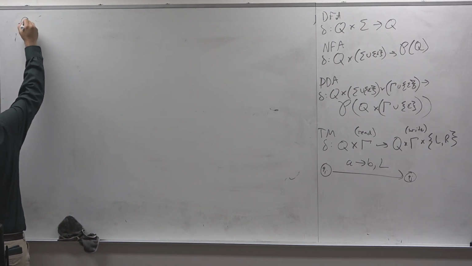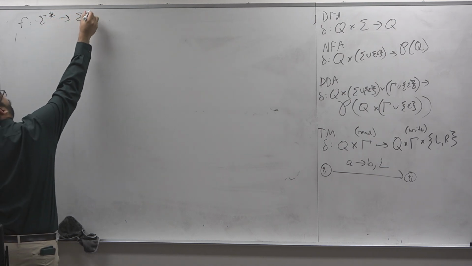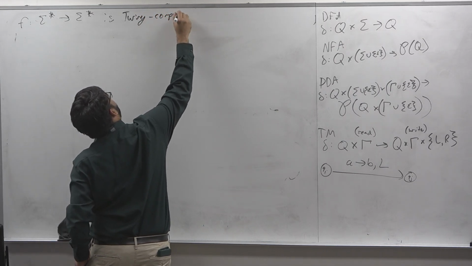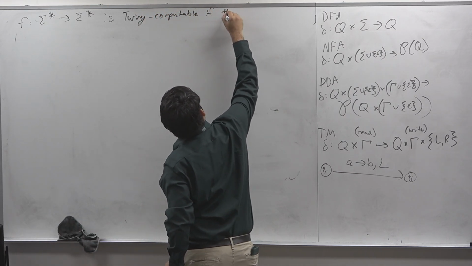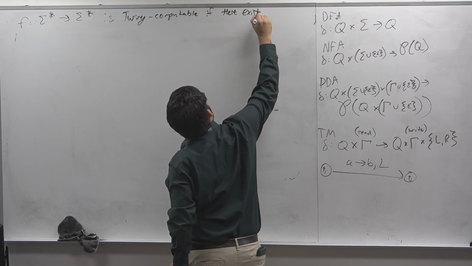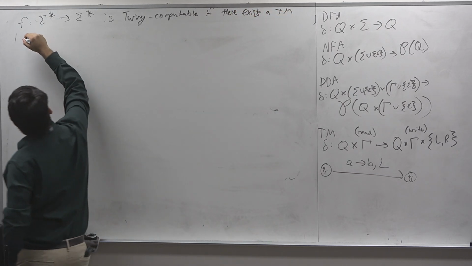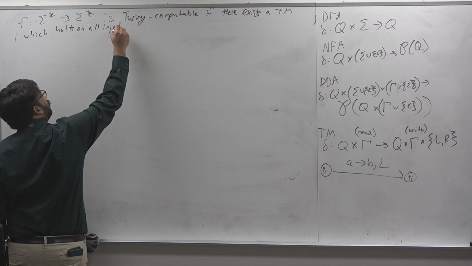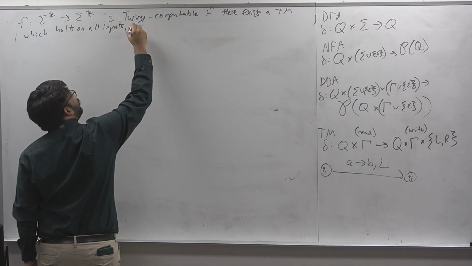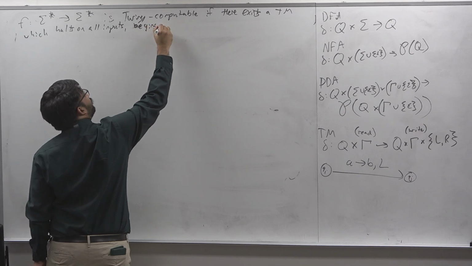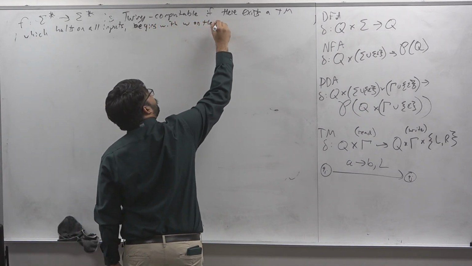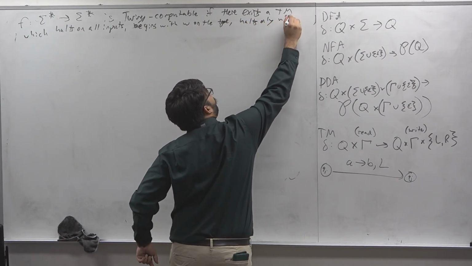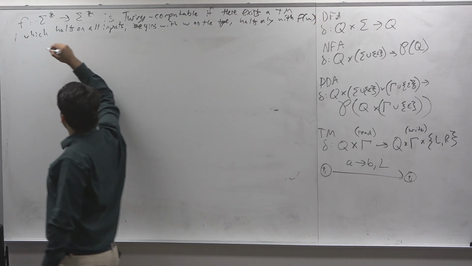So we say f from sigma star to sigma star is computable, or Turing computable, if there exists a Turing machine which halts on all inputs, begins with W on the tape, and halts only with f of W on the tape.